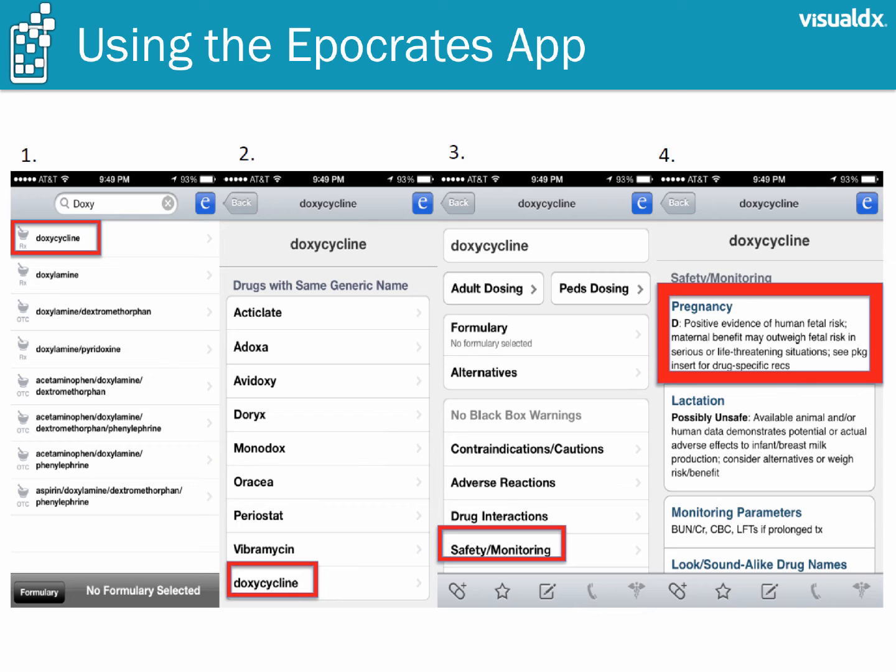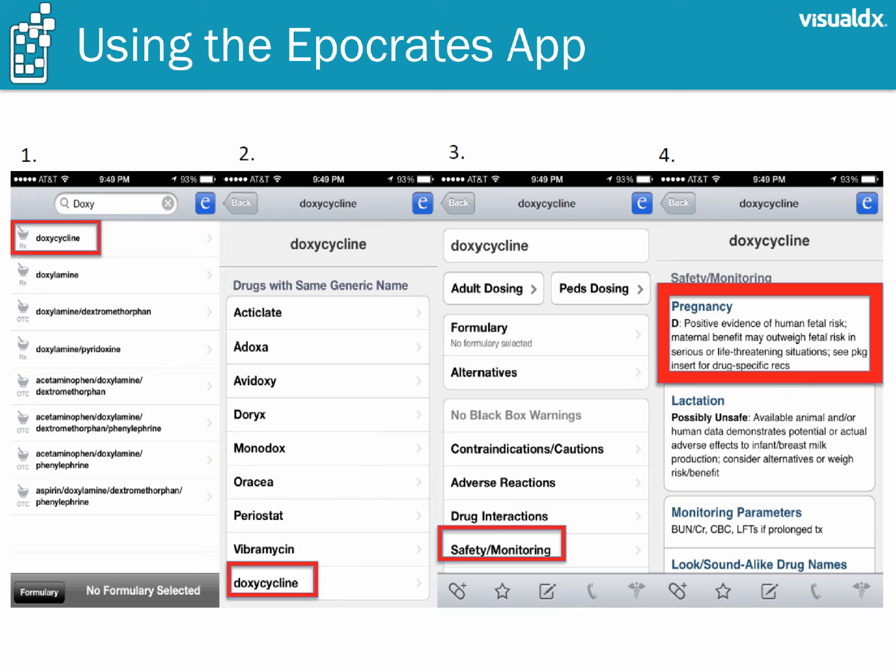So if you were really in a standalone practice where you wanted to know some of the formularies and things like that, that's what the paid portion offers. But again, you open up the app, you're signed in, you enter doxycycline, it comes up, you click on safety monitoring, and then in pregnancy, it turns out that it's a category D. So this would absolutely be a medication that I would not want her to be on, even though her friend says it has worked wonders for her.